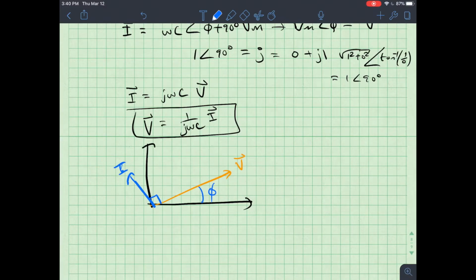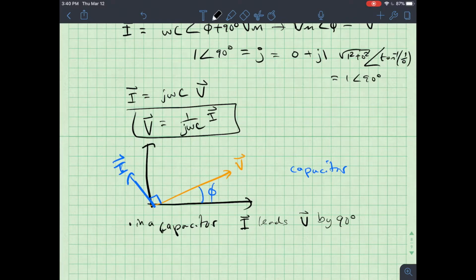I phasor is separated by 90 degrees from V, and it turns out that, for a capacitor, we can say the following. In a capacitor, I leads V by 90 degrees.